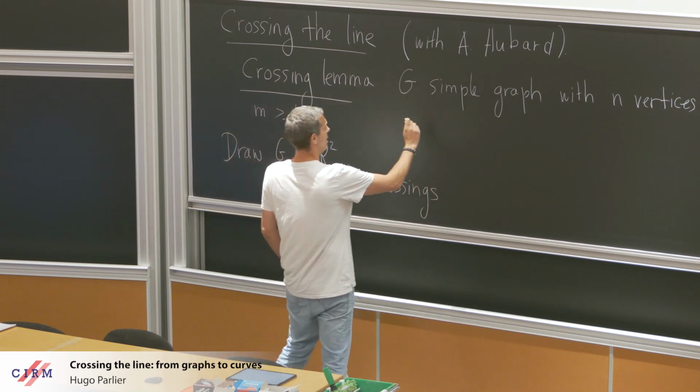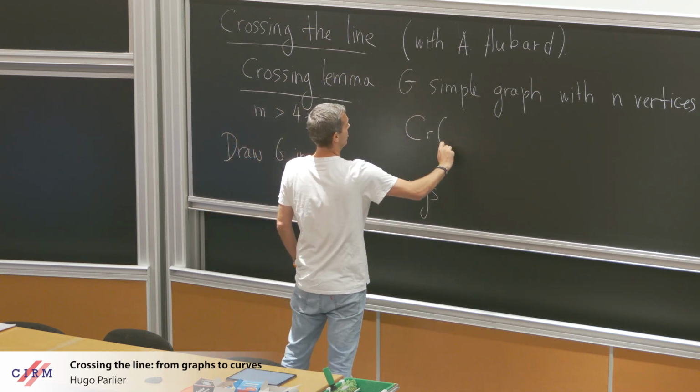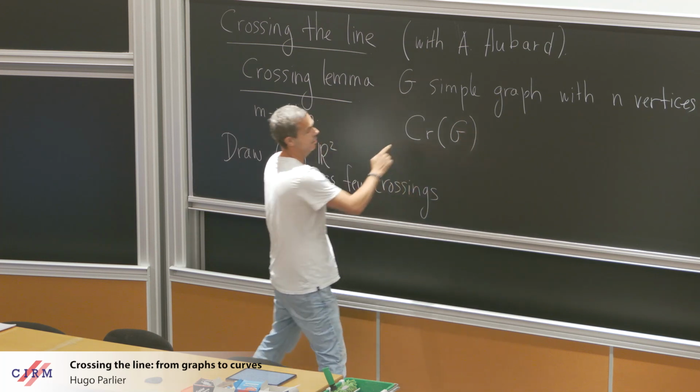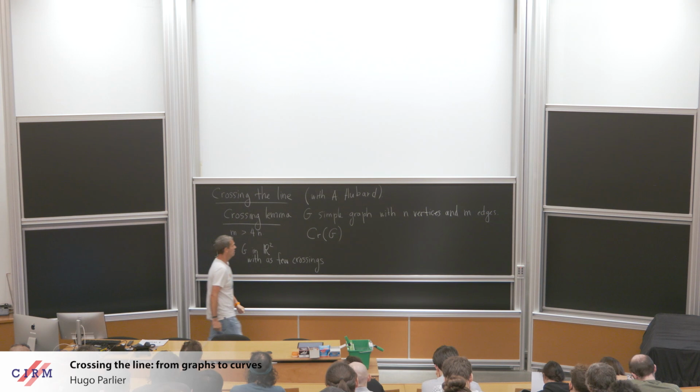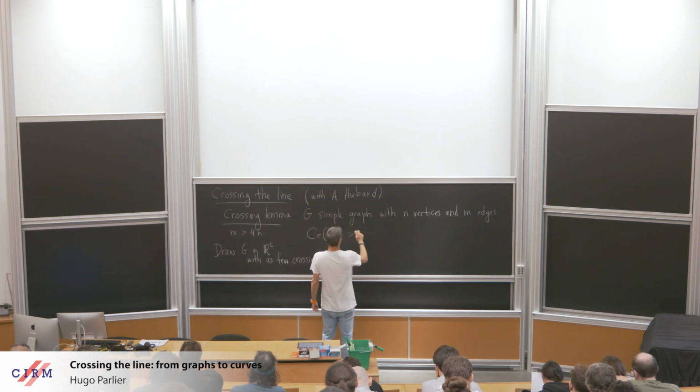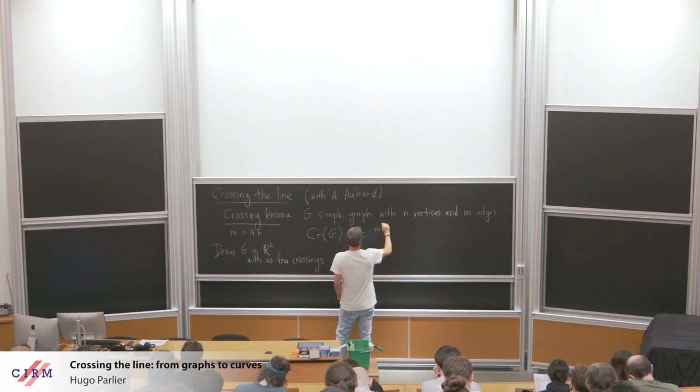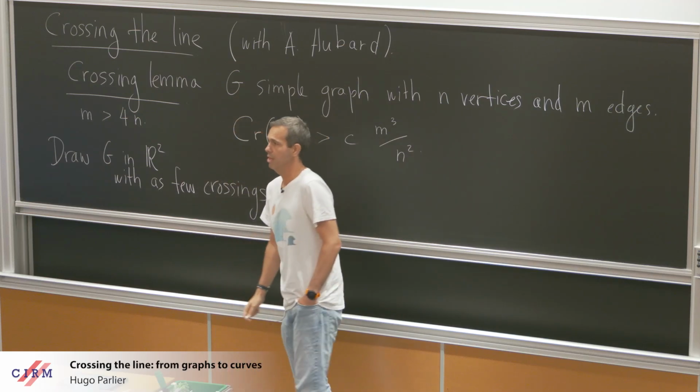And the lemma says that this crossing number, the minimal number of crossings of a drawing in the plane, has to be bigger than some constant times m cubed divided by n squared, for some positive constant.